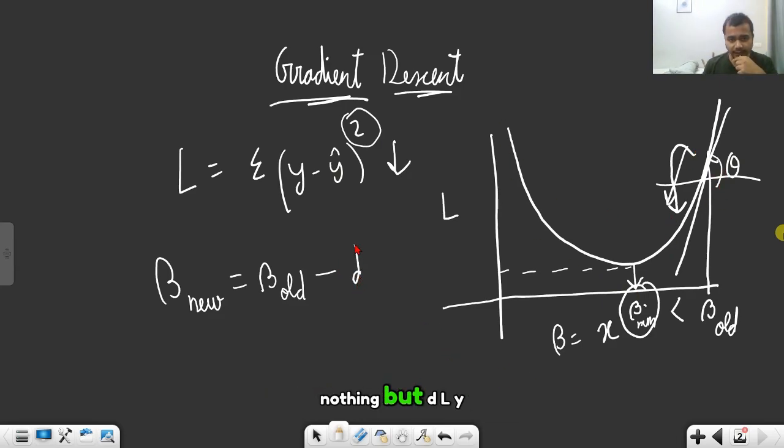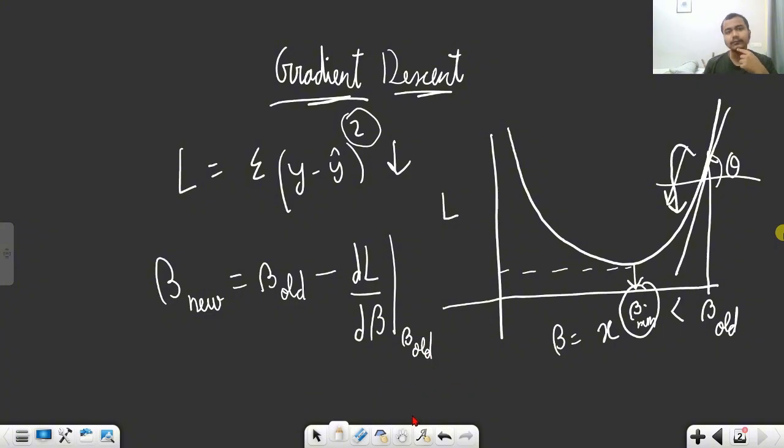It is nothing but dL by d beta at beta old. This is the equation we wanted, but there is a small catch here. What if this dL by d beta is so much larger than this beta old? Then we might jump to this point, right?